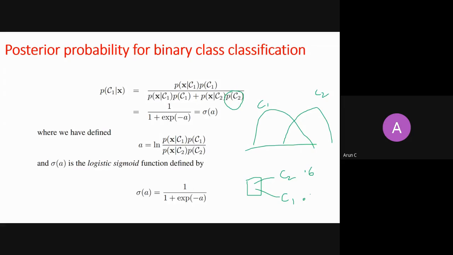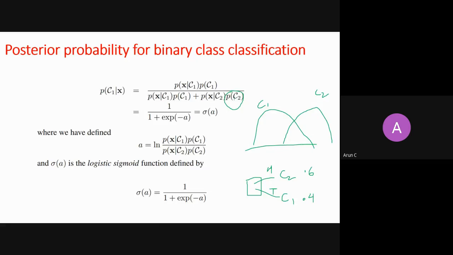First I need to choose whether to go for C1 or C2. So I toss the coin, and if it comes up head, I say it is C2; if tail, it is C1. So choosing the class itself is a probability distribution.